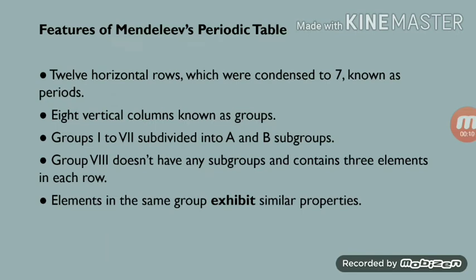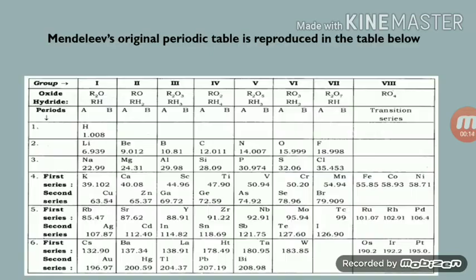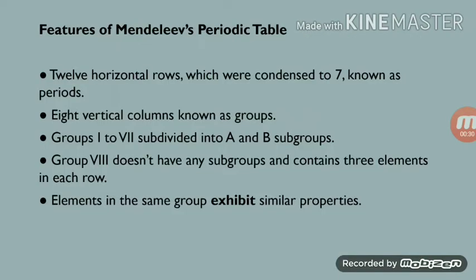So before we start, just have a look at the table. This is the table where he has arranged the elements. So we will discuss this table. There are 12 horizontal rows which are condensed to 7 and they are known as periods.